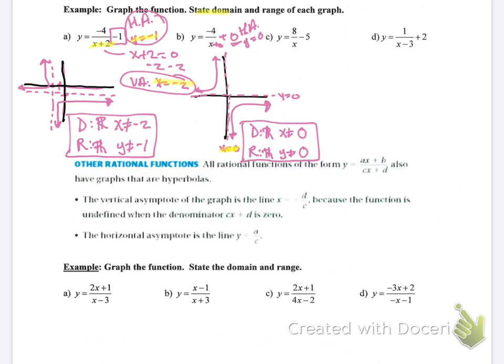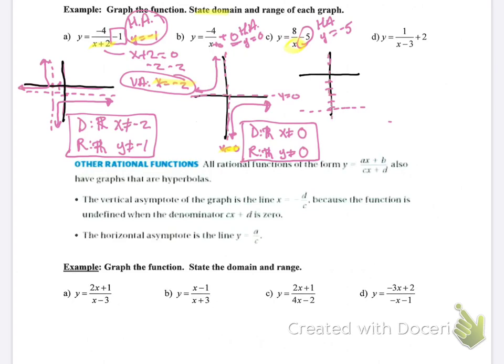Okay, so moving on. This negative 5 here is your horizontal asymptote, so y equals negative 5. I'm going to change and do this so that it's black. And then I'm going to go down to negative 5: 1, 2, 3, 4, 5. Draw a horizontal line. Your vertical asymptote is whatever's in the denominator, right? Set equal to 0. So x cannot equal 0.